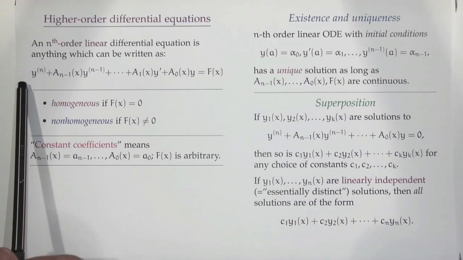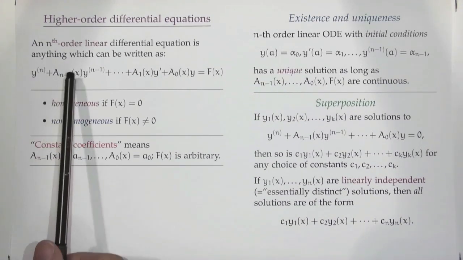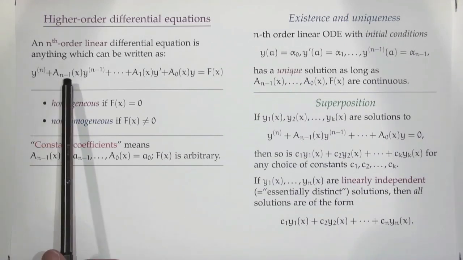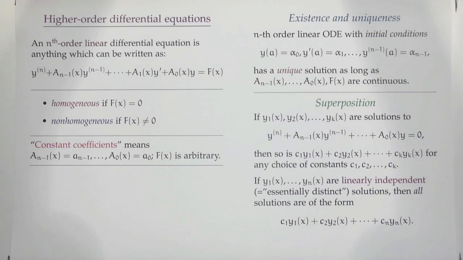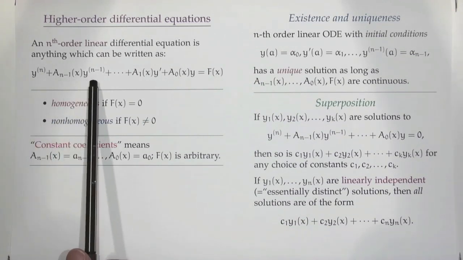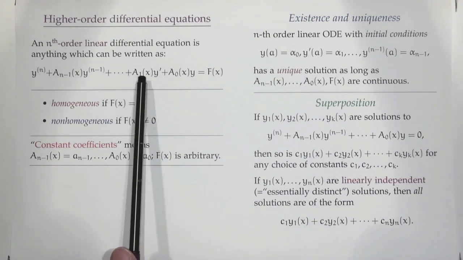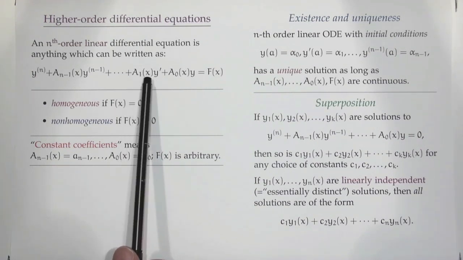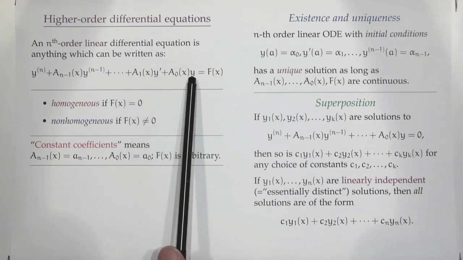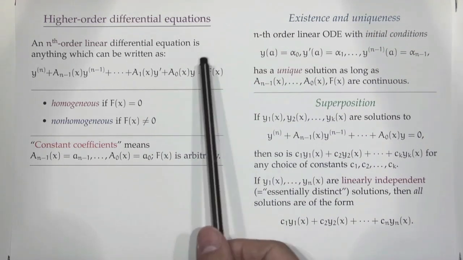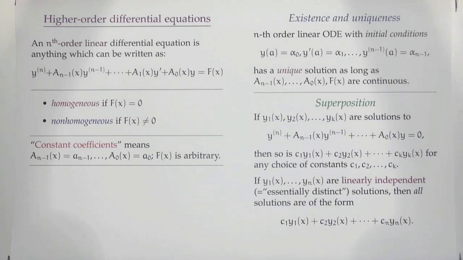And let's assume we have a 1 there. Plus, then there's some function of x, and this could be a really terrible function of x, but only of x. Then the n minus first derivative, and then n minus second, and so forth and so on, down to the first derivative times some function, plus just the function y times some again function, well, equals on the other side some f of x.